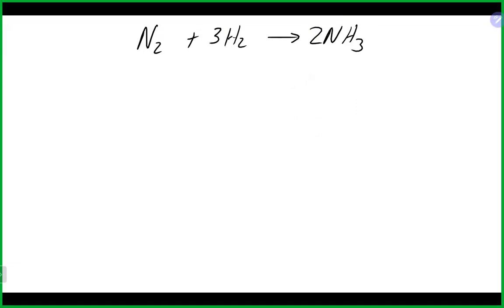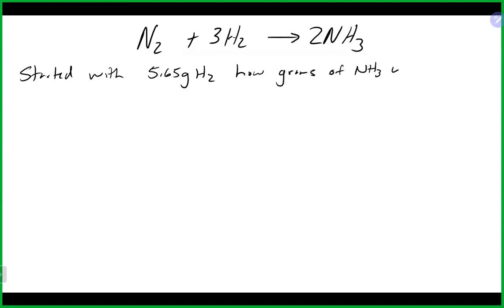And let's say that we started with, we'll go with 5.65 grams of H2. How many grams of NH3 would you produce? So give it a go, follow those same 4 steps.